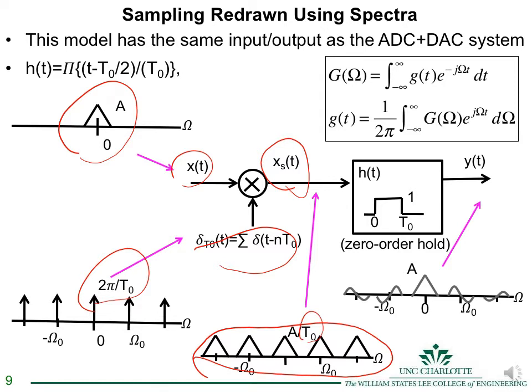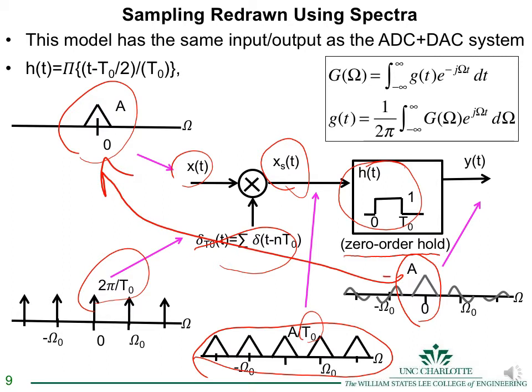And finally, going through this last stage, the output spectrum, again, this is called a zero order hold, this particular filter response. The output now is this spectrum. It looks a lot like the original spectrum at the output, near zero, but has these extra remnants, which can be thought of as the components of the spectrum that produce the stepwise version.